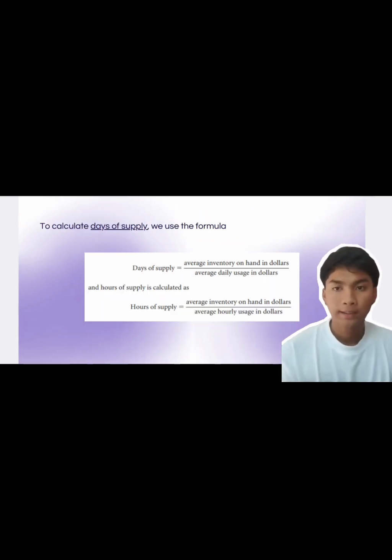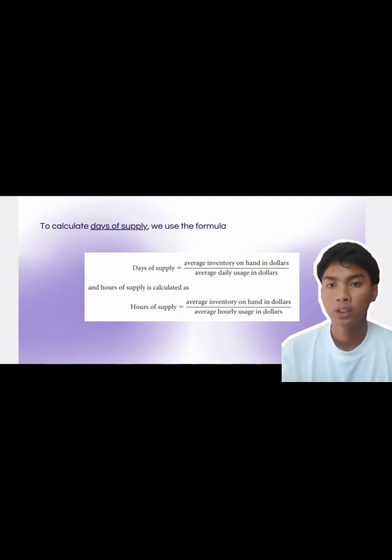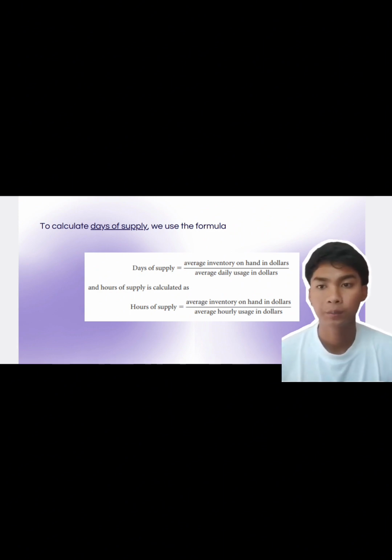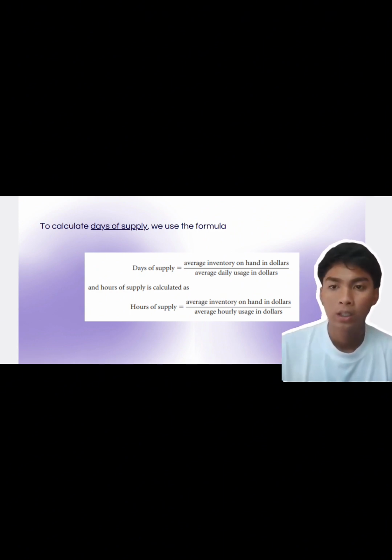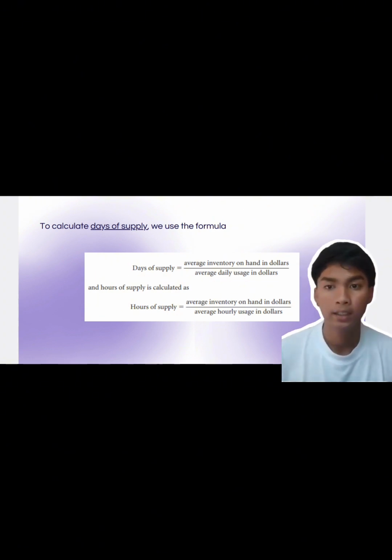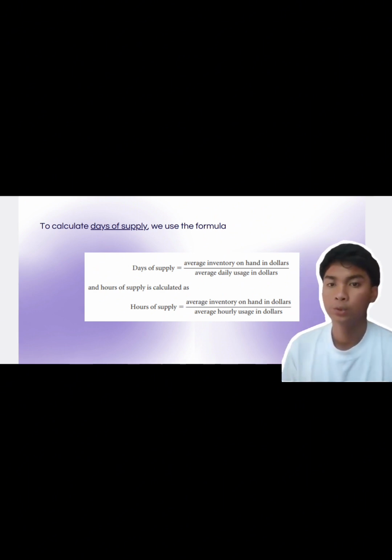To calculate days of supply, we use the formula days of supply equals average inventory on hand in dollars over average daily usage in dollars, and hours of supply is calculated as hours of supply equals average inventory on hand in dollars over average hourly usage in dollars.